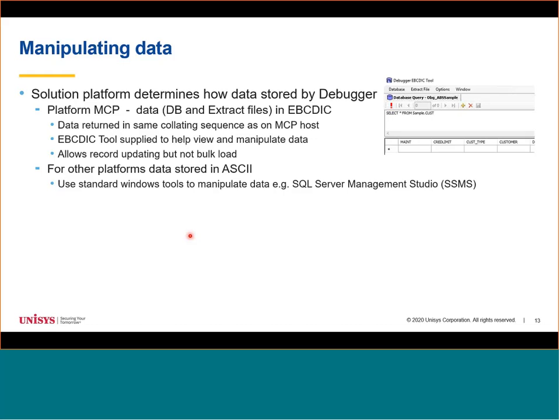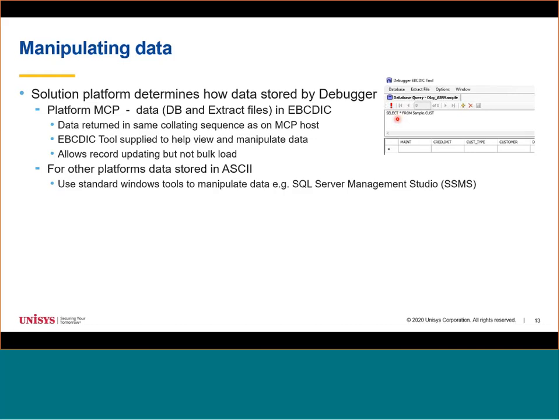The problem with that is if you try and use the standard SQL Server management tools, the data is unintelligible. So to get around it, we supply a tool called the EBCDIC tool, and that allows you to view the data, as you can see here on the right-hand side, where it gives you an example. You can use SQL-like syntax to query data, and you can also manipulate the data through the same tool.